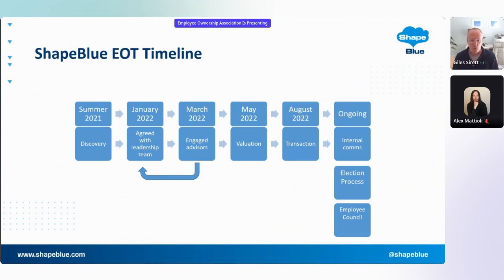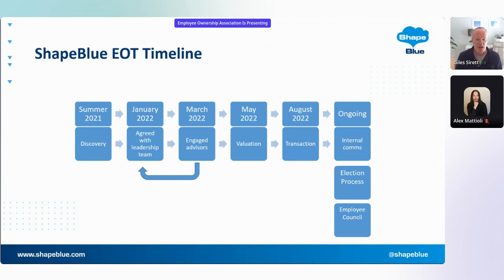We still have work to do around the fact we're employee owned, constantly making sure people understand what it means to them. Things like our election process for trustees and our employee council, I decided we were going to do all of that after the event, so the broader staff group could be involved in that process.